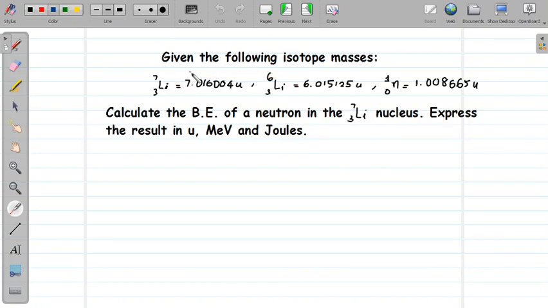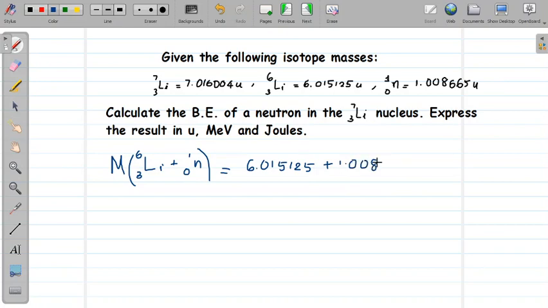So let us first find out the total mass we expect when we take together lithium-6 and neutron. So let me write: mass of lithium-6 and 1 neutron taken together will be equal to 6.015125 U plus 1.008665 U. So on adding these together, you will get 7.023790 U as the answer.